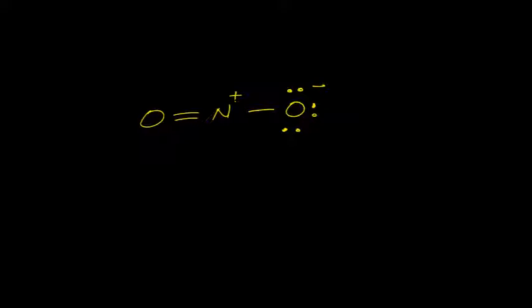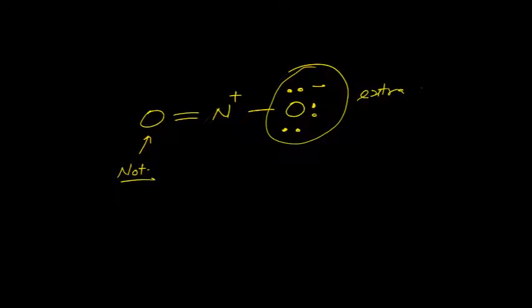It has given its electron to the oxygen. So when oxygen gets attached, only this oxygen will get attached, not this one, because this one has the extra negative charge.